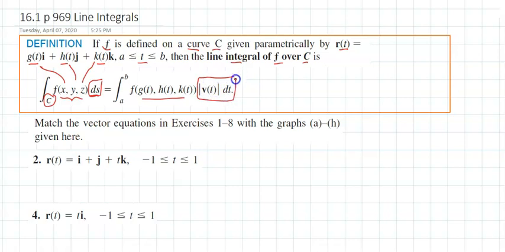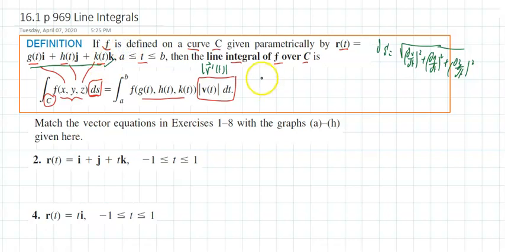We spent a long time deriving that back in the days, right? ds is the magnitude of v of t, which is the magnitude of r prime of t, or simply, if you recall, ds was the square root of dx dt squared plus dy dt squared plus dz dt squared, right? And there it is.